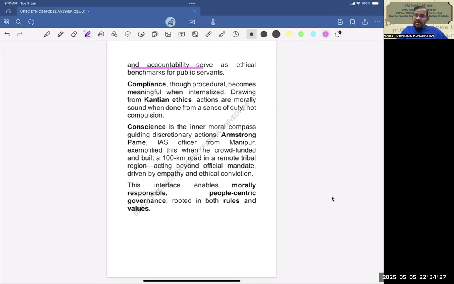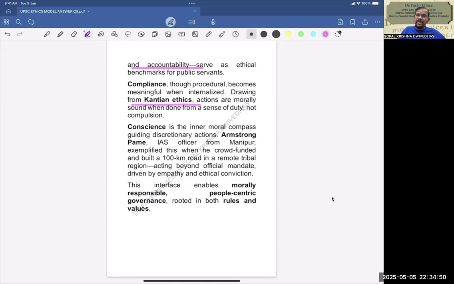Now we come to the second, compliance. Compliance, though procedural, is usually rule-based, legal, or rule-bound: if you follow the procedure, you are complying. It becomes meaningful when internalized, drawing from Kantian ethics.